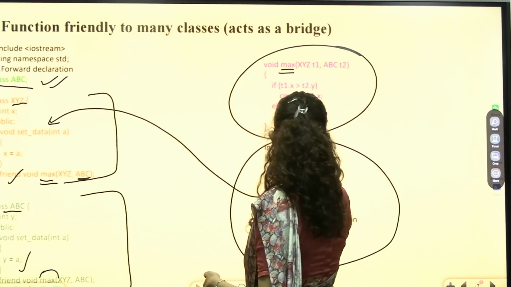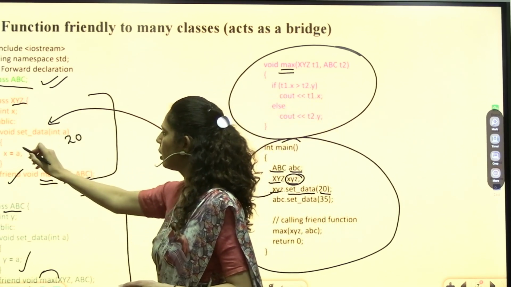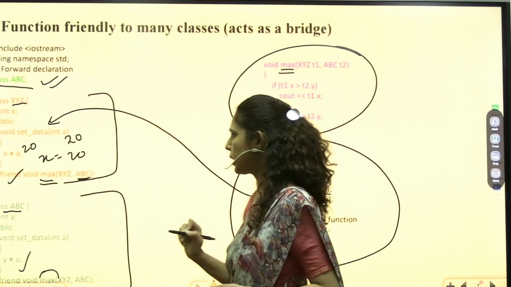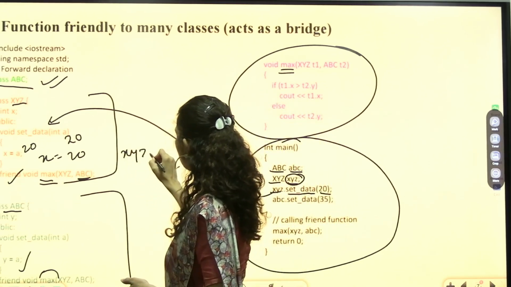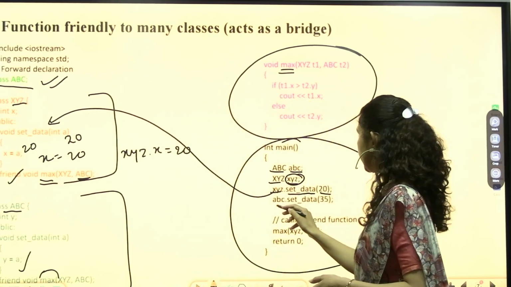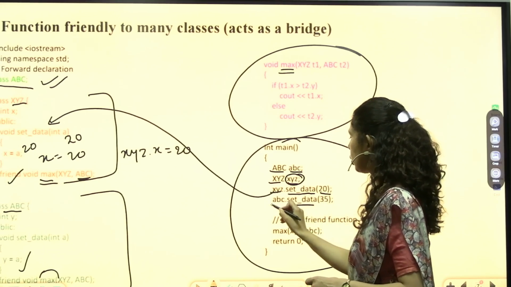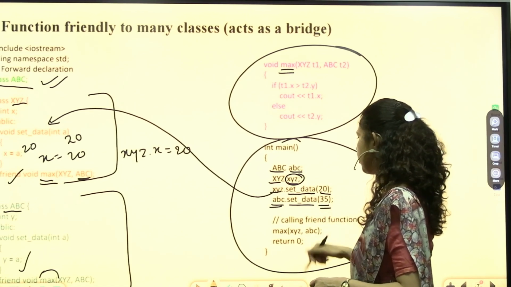And in the argument we have taken 20. So 20 is copied into a, and then the value of x will become 20 at this stage. Because xyz has called it, xyz dot x will become 20. Now in this particular line, we are calling set data again, but using another object abc and carrying the argument 35 here.